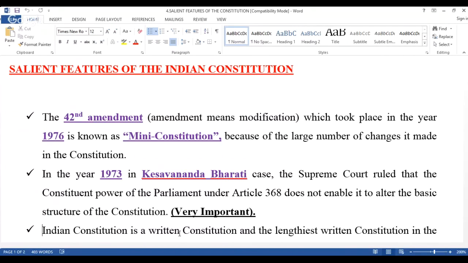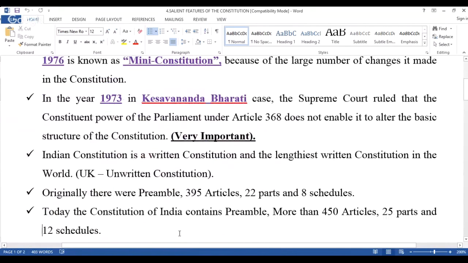Right. Next. In the year 1973, in the Keshavananda Bharati case, for the time being, please remember the name and the year. These things we are going to discuss when we speak about the basic structure of the Indian Constitution.